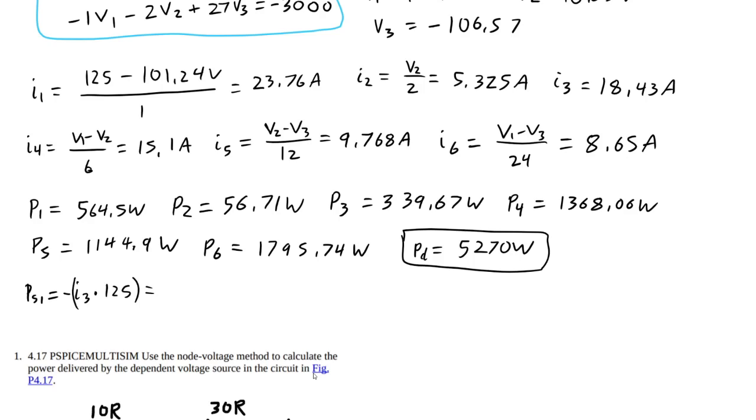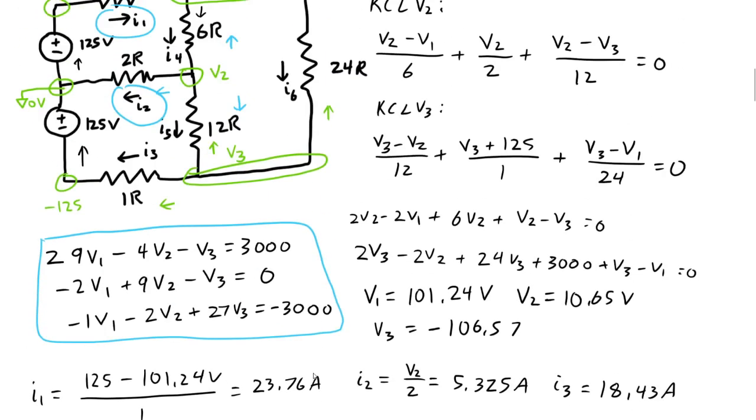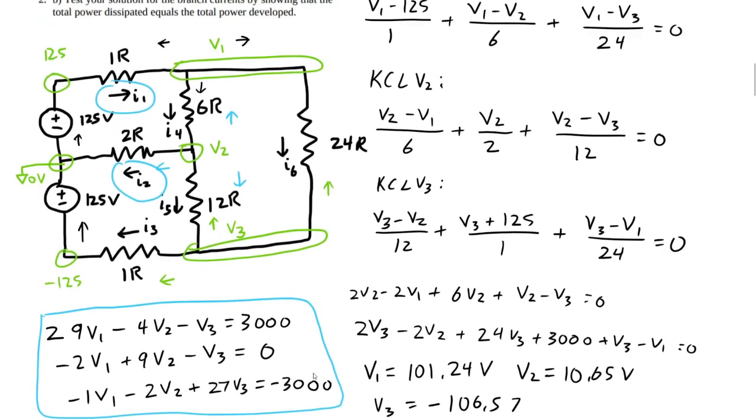So I3 is 18.43 times 125. We get 2303.75 watts.